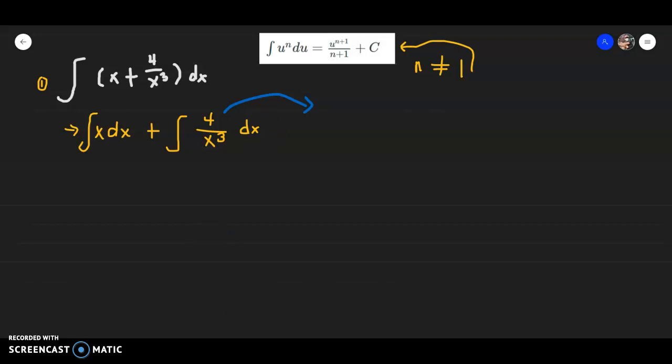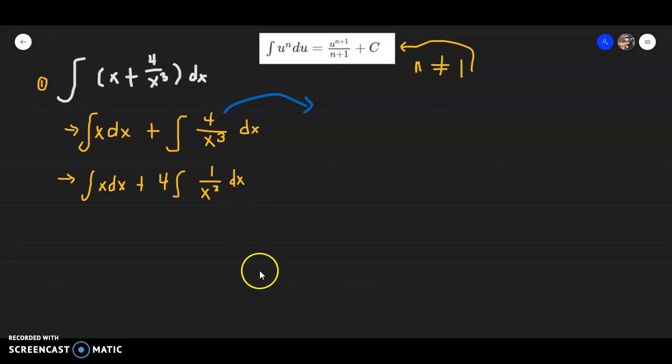So, we can write that as antiderivative of x dx plus yung 4 na constant, which is 4 times the antiderivative of 1 over x cubed dx. Nilabas lang natin yung 4.